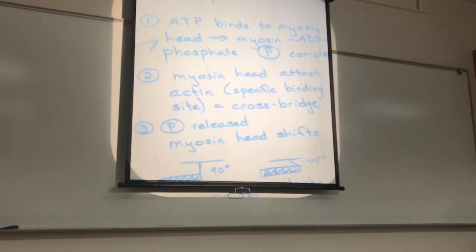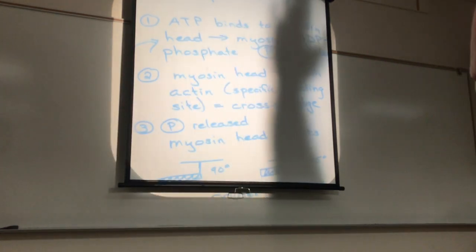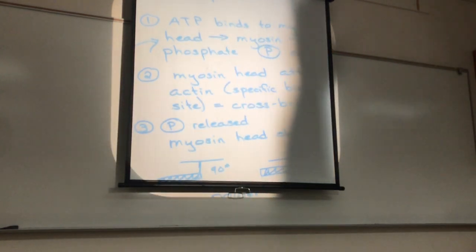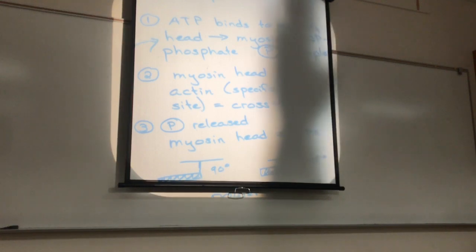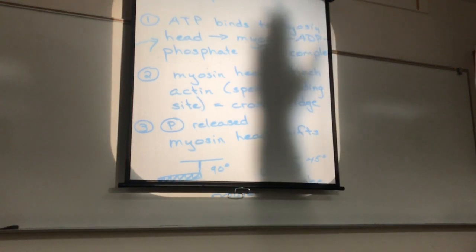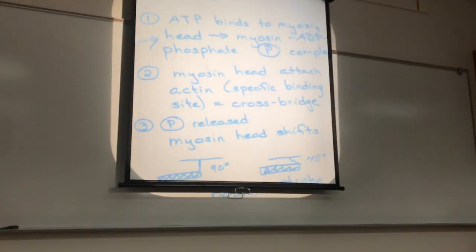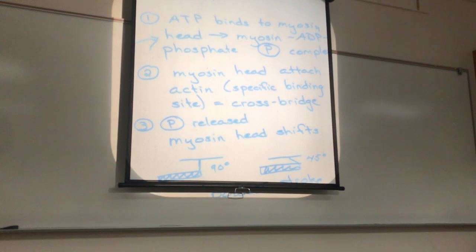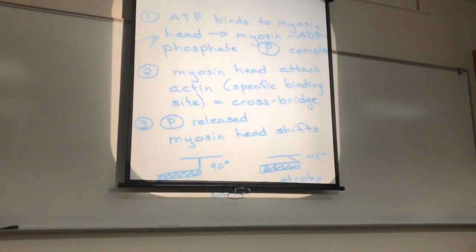That complex can then lift back up and attach to a new spot, a new actin on the thin filament, forming a new cross bridge. It lets go of the phosphate and power strokes from a 90-degree angle to a 45-degree angle, moving the thin filament even closer toward the center.